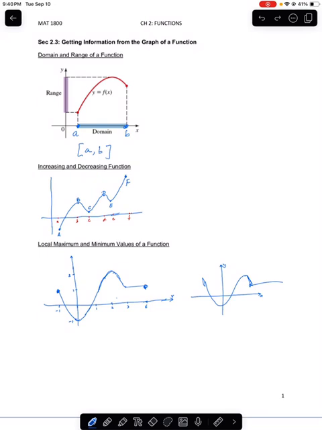For the range, we look at the y values. So now we will be moving on the y-axis.